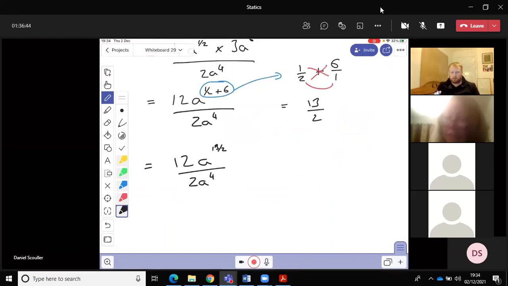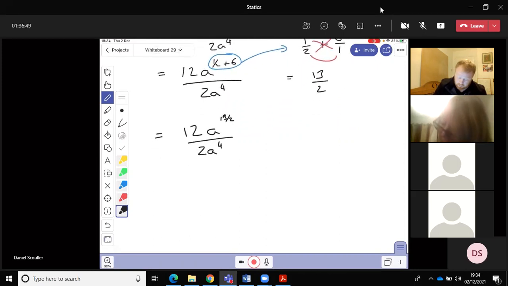Okay, have we lost anyone? Seem to be okay. What can we do at this stage? We can simplify that down and cancel out a couple of things. So we can cancel out that 2 in the bottom and just leave us with a to a power. So we can cancel that down.